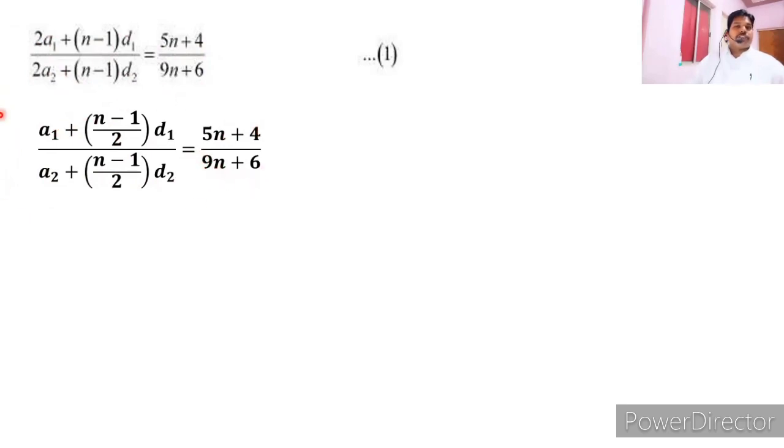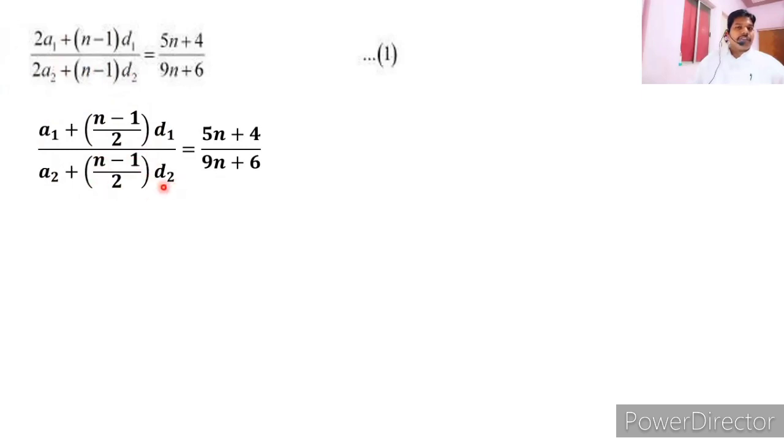Observe this step once again: I took the 2 common in the numerator and in the denominator, then cancelled the 2.